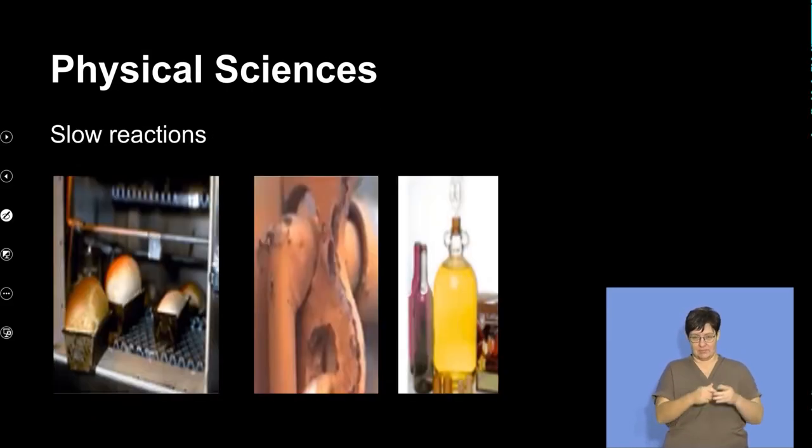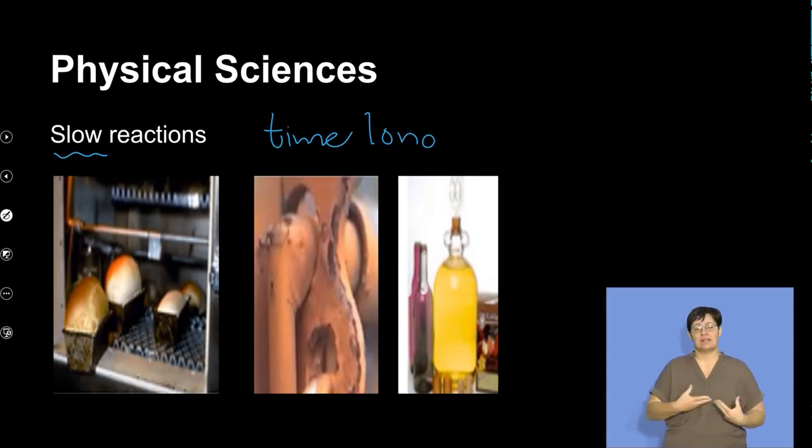In front of us, we now have three pictures of slow reactions. A slow reaction means that the time for this reaction is longer. What came to mind is the baking of bread, where we use yeast to get the bread ready, but it's not ready immediately. It will take an hour to two hours.